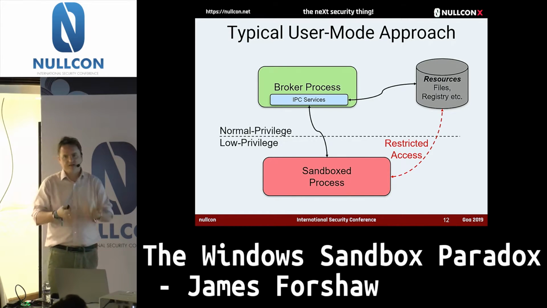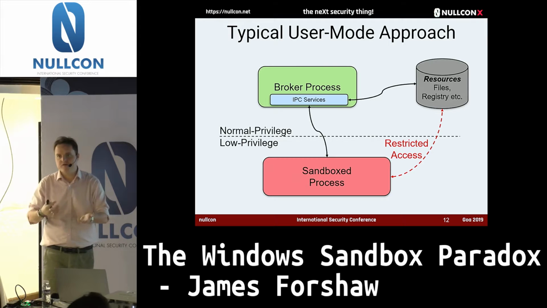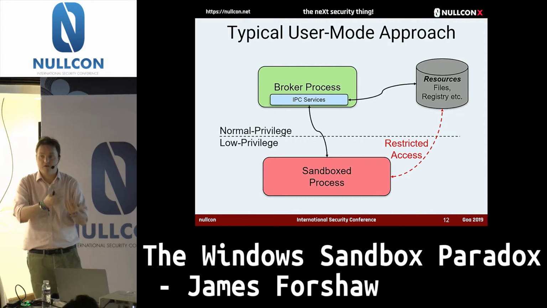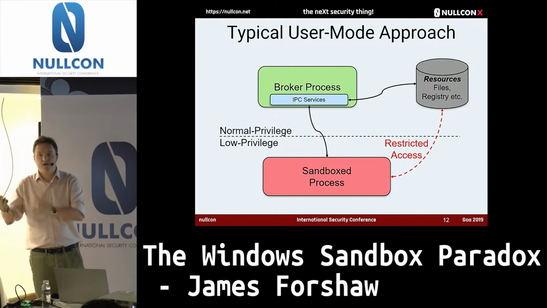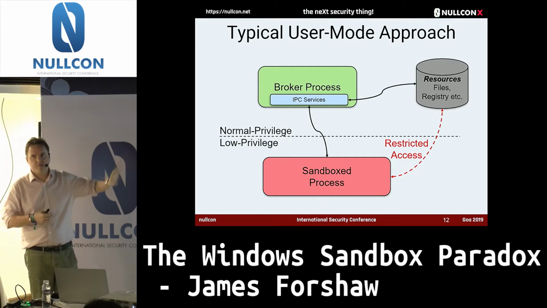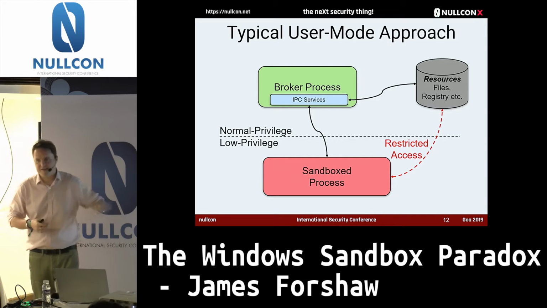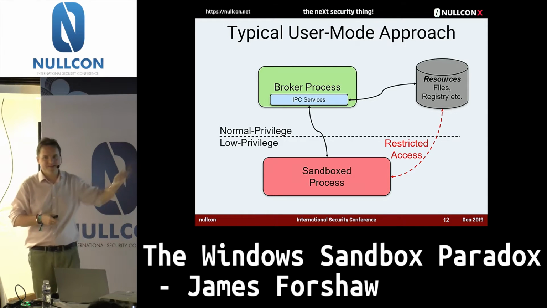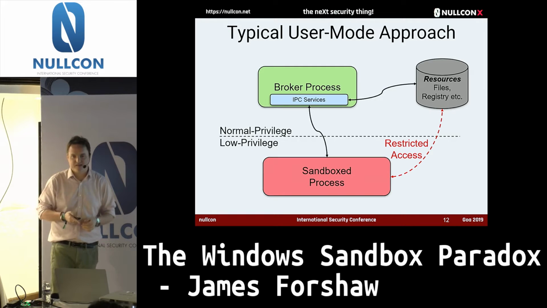I'm going to check it against some sort of internal policy or some mechanism to determine whether that's okay. And I will open the file for you and then pass you back access to that resource. And pretty much all the common sandboxing models use something very, very similar. Of course, the devil's in the details, and it gets considerably more complicated as we go along, but fundamentally that's basically how it works.